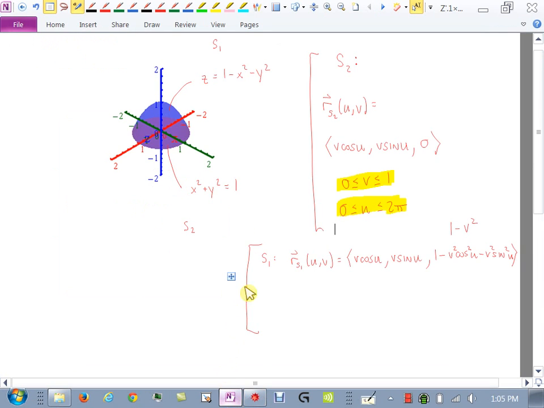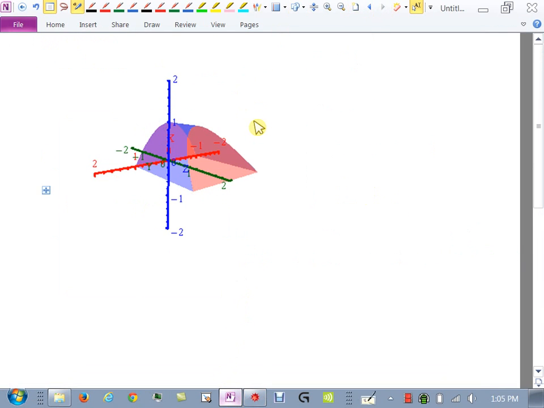So let me bring this up and jot down the information. This backside was z equals 1 minus x squared, and call that S1. This front side here, I called it S3. It's y equals 2 minus z.